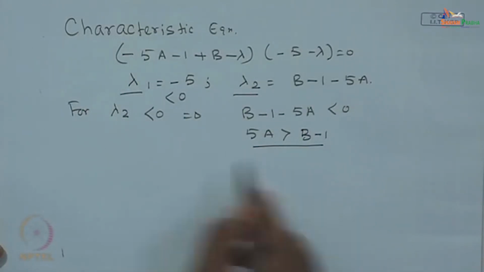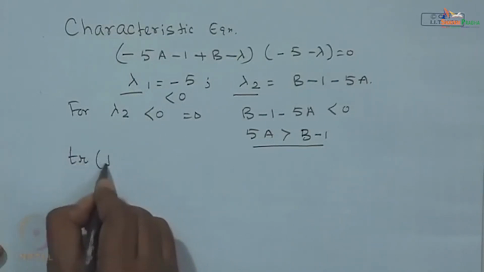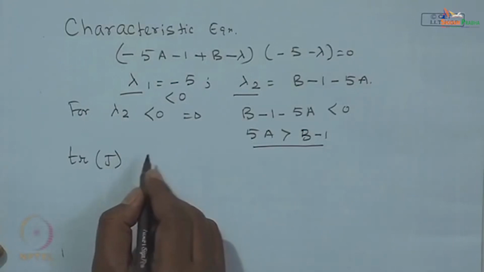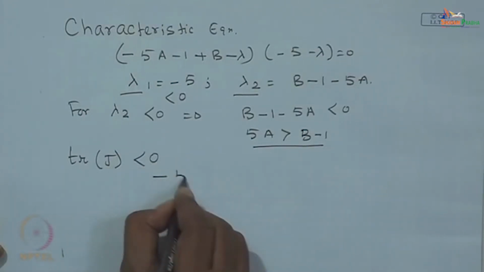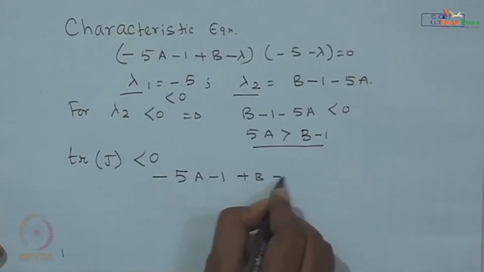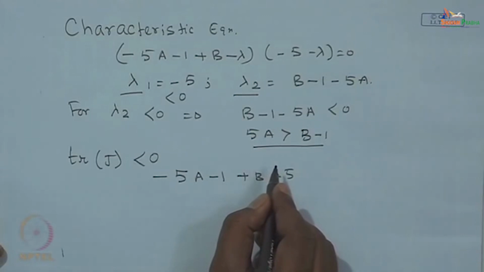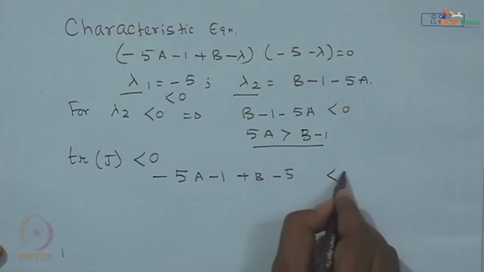Now, if you put in the other condition, that the trace of the Jacobian matrix is less than 0, you will be landing up with minus 5a minus 1 plus b minus 5, that is the summation of the diagonal elements of the Jacobian matrix, which should be less than 0.